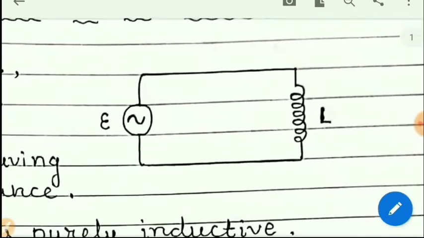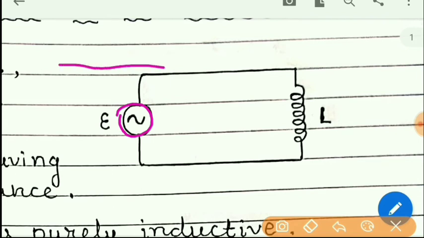The reason behind it is: what happens when the voltage is supplied to this inductor? We know that the voltage changes according to a sine function. So when the voltage increases and decreases, what happens?